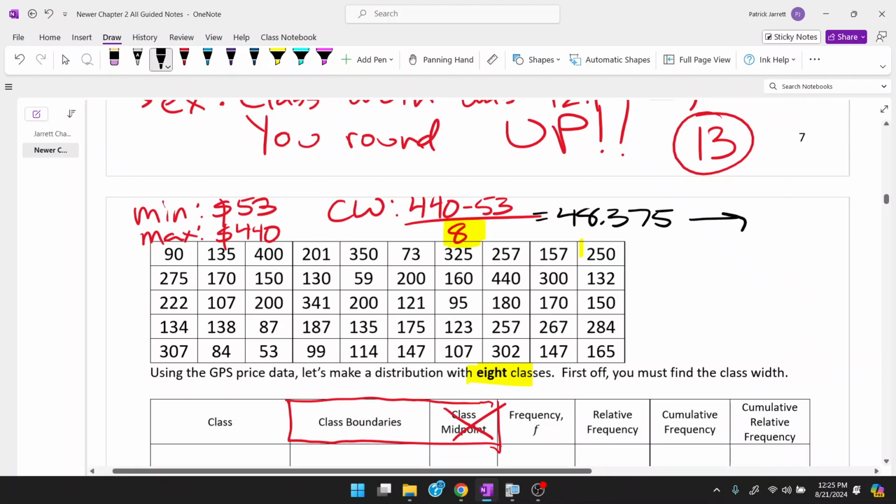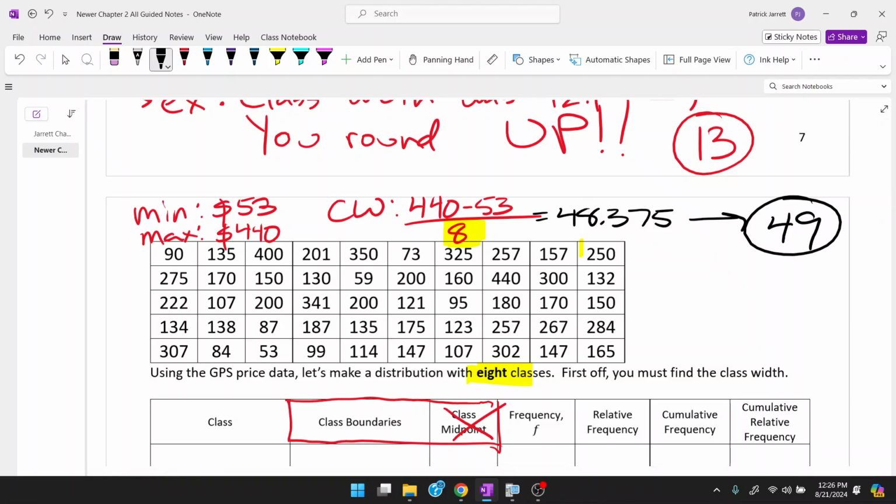So my class width will be 49. If you rounded down, you are going to run out of space. And you would have to make a 9th class, but that would make the problem wrong because you don't want to do it that way.